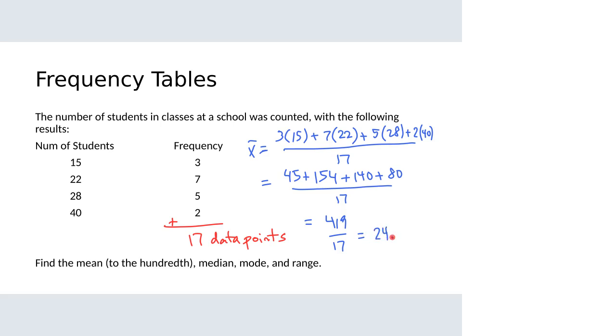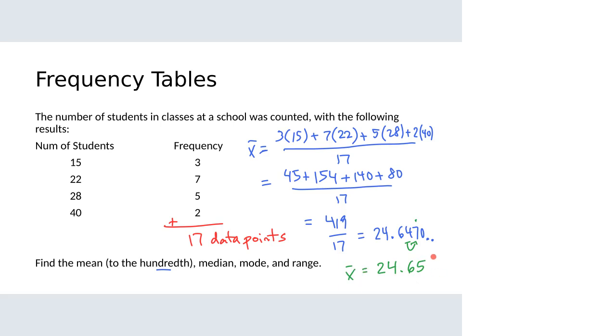24.6470. And we're supposed to round that to the nearest hundredth. So we'll find the hundredths place, which is this 4 right here, with 1 space to the right, 5 or bigger, round that up. 24.65 is the mean.